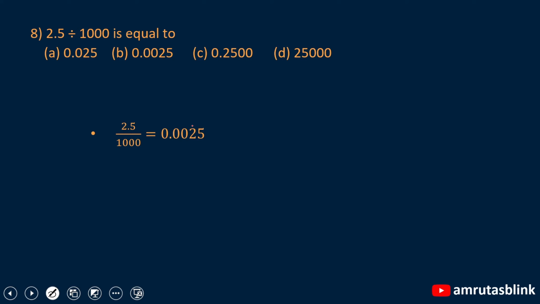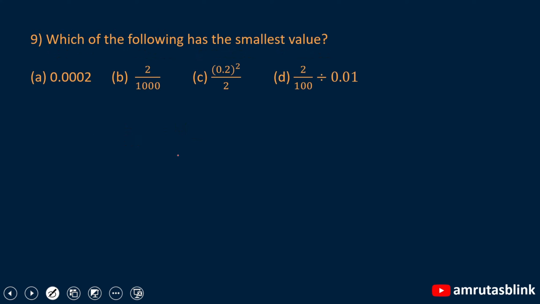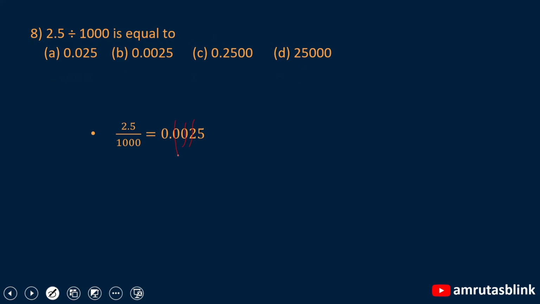So 1, 2 and 3, hence we can say that 2.5 divided by 1000 is equal to 0.0025. That is answer option B.